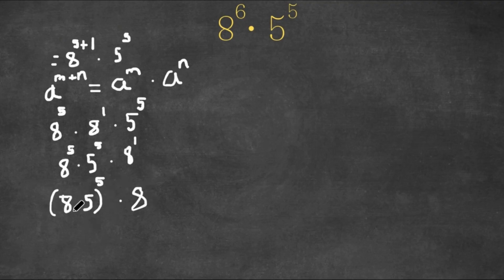So now we have 8 times 5 is 40 to the power of 5 times 8.